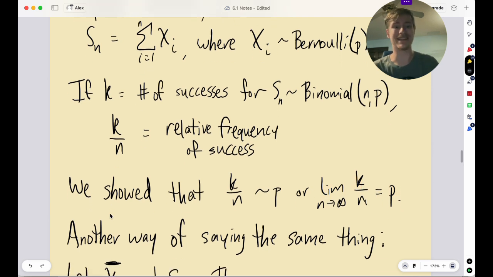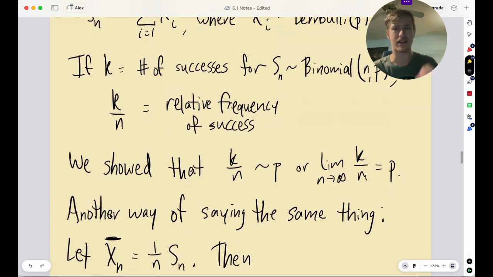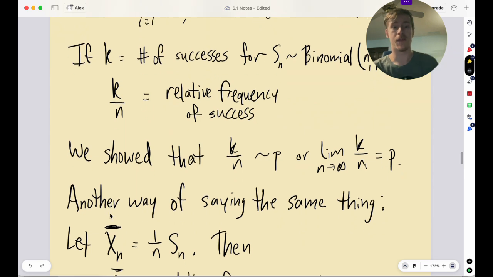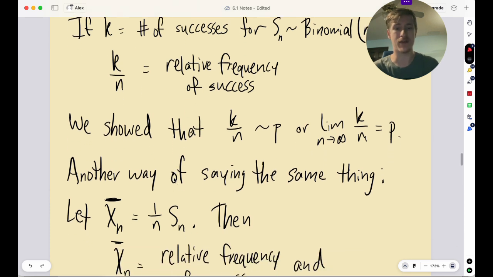Another way we could say the same thing, and I'm just going to redefine a couple of variables, instead of taking 1 over n times S sub n, let's go ahead and define that as x sub n bar. And x sub n bar is sometimes called the sample mean.